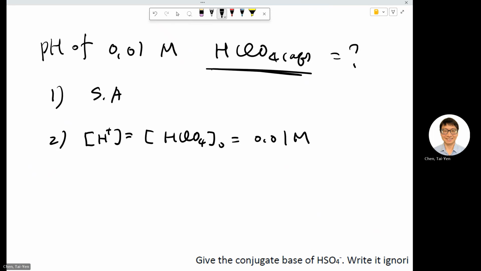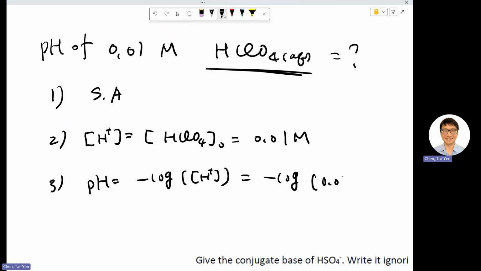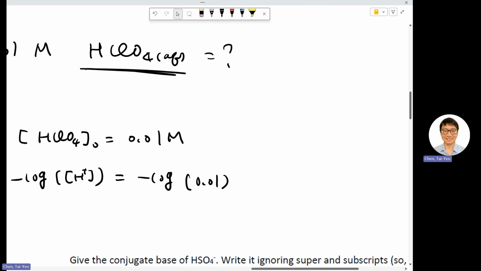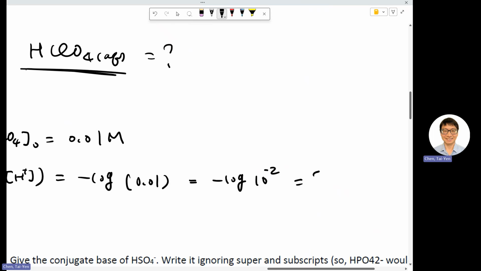So the pH equals the negative log of your proton concentration. Therefore, it's the negative log of 0.01, which is negative log of 10 to the negative 2, right? Therefore, you get a pH value of 2.